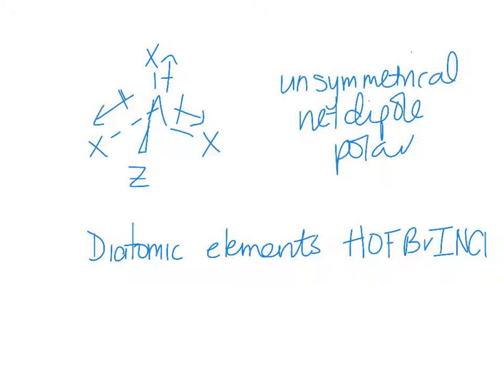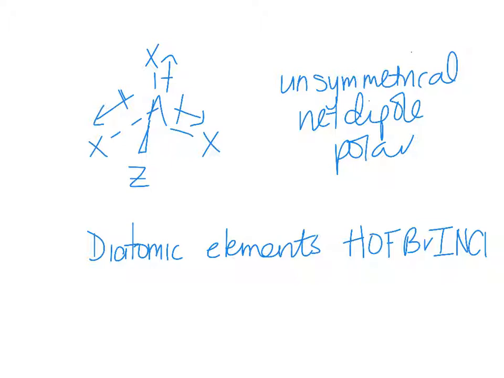Diatomic elements, not diatomic compounds, because you can have diatomic compounds: HBr, HCl, ClBr. If you have two elements that are not the same, it's still diatomic, but it's not an element, because they're not the same.